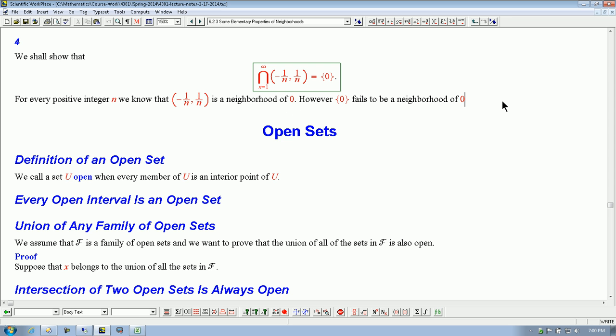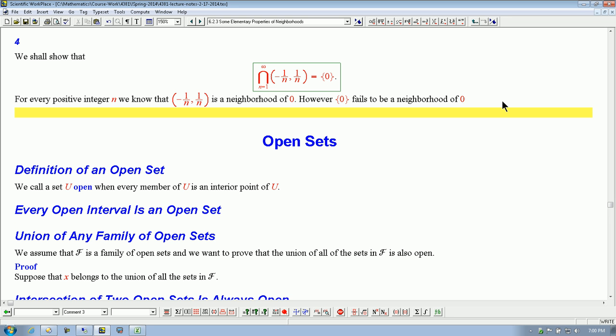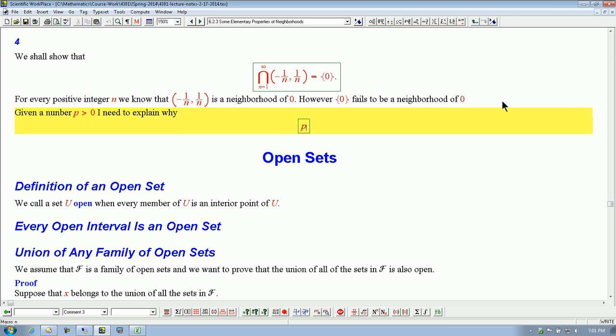Now I need to explain something to you. Given a number p greater than 0, I need to explain why this number p is not in that intersection.